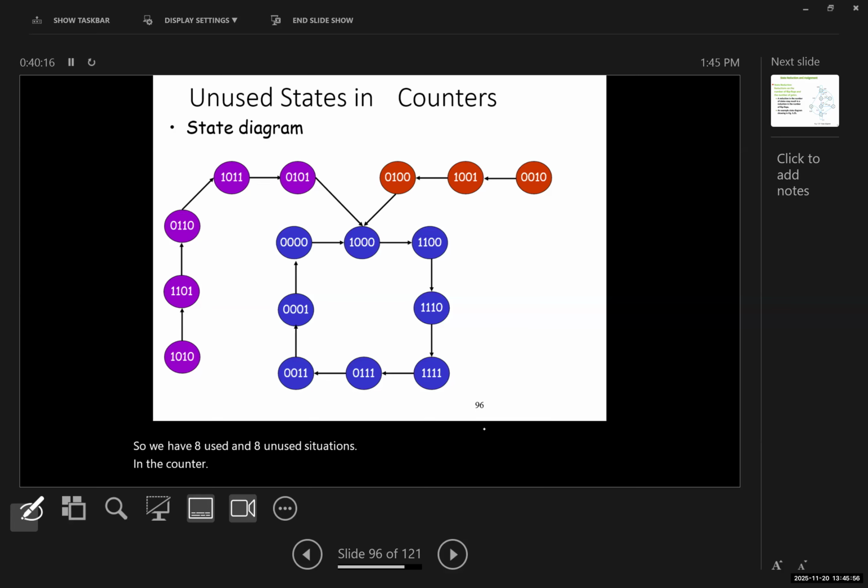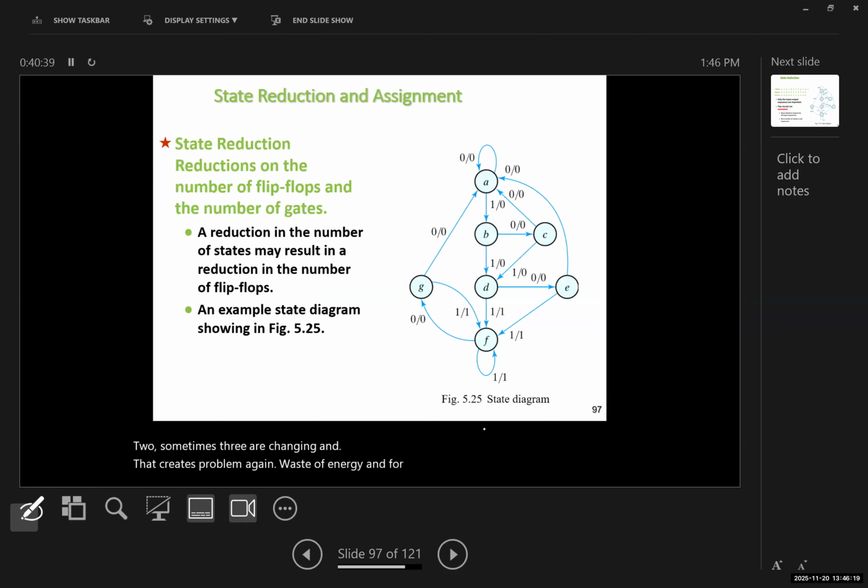In the unused situations, I can see that at each point 2 of the bits are changing. So I'm going from 1010 to 1101. So at least 2 are changing, sometimes 3 are changing. And that creates a problem. Again, waste of energy, and error detection would have some problems.